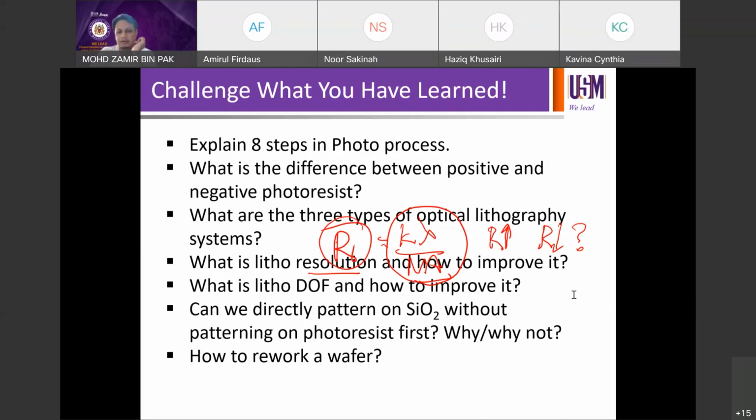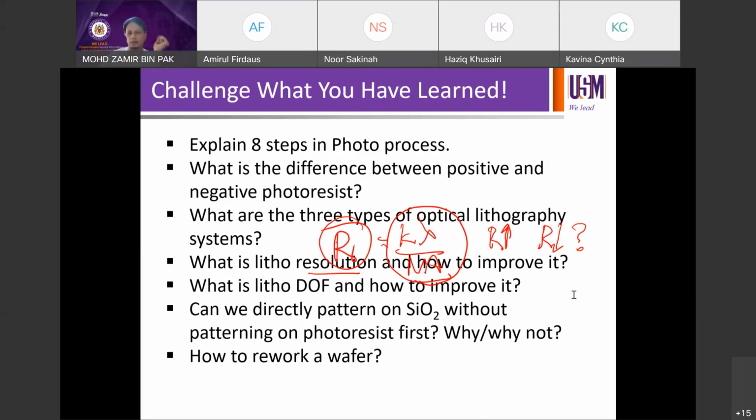Yes, resolution is the minimum feature, minimum dimension that can be printed. So that is resolution in the context of lithography. We often say high resolution, meaning brighter, more precise, more detailed, with higher pixel count.